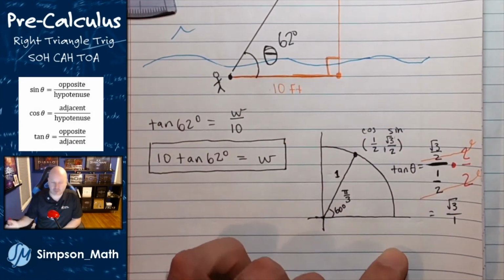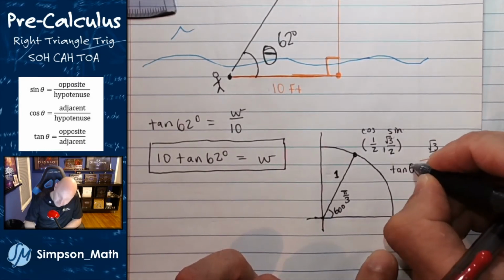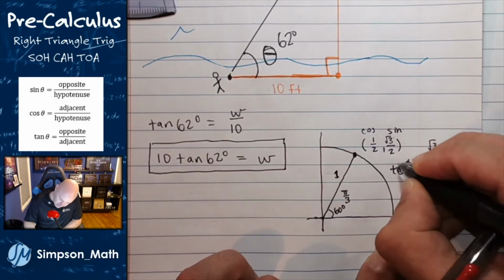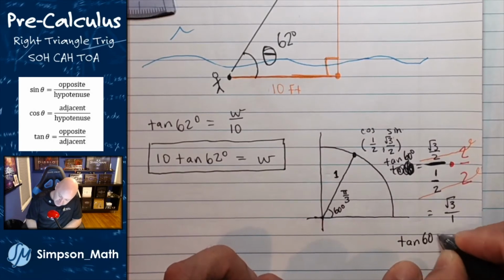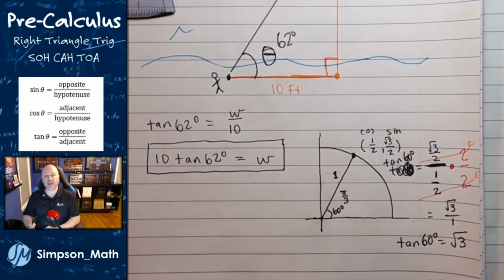Oh yeah, anything divided by 1 is just itself. So tangent, I know I put theta there, but I'm talking about 60 degrees right now. Tangent of 60 degrees is simply the square root of 3.